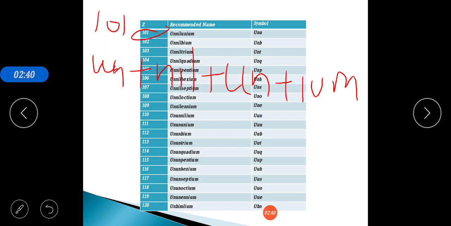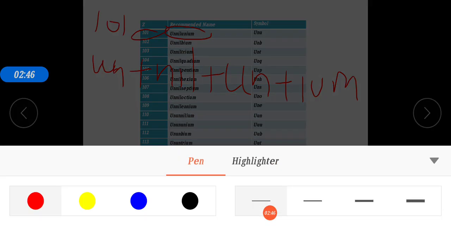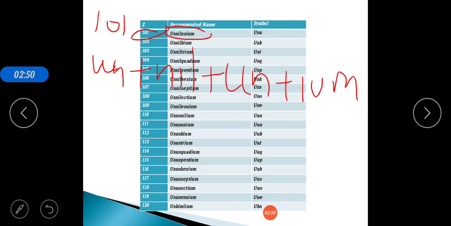The total name will be unnilunium, and the symbol of this element will be: first U, capital, then n, small n, then U. This is the symbol.